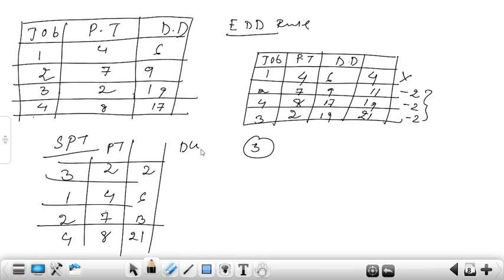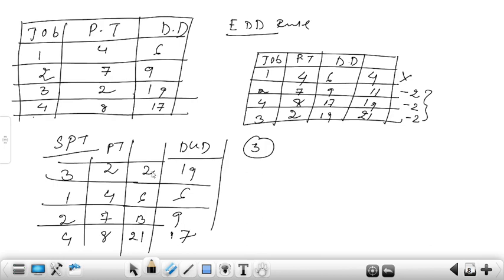And the due date of job 3 is 19, job 1 due date is 6, job 2 due date is 9, and job 4 is 17.